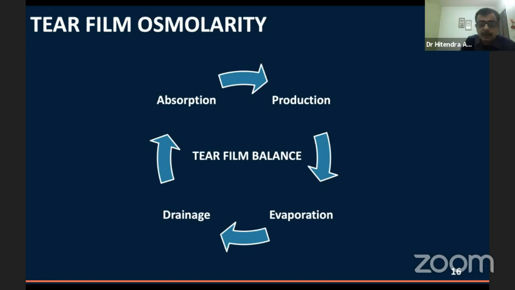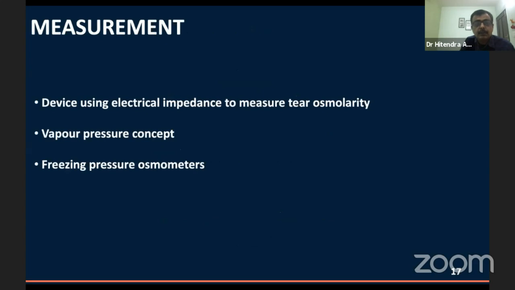Now, a word about tear film osmolarity. As we all know, tear film osmolarity tells us the balance between the production, the evaporation, and the drainage or absorption of the tear film. So it's a very important piece of information which can tell about the status of the dry eye. The various ways to study this are devices using electrical impedance, the vapor pressure concept, and the freezing point osmometer.